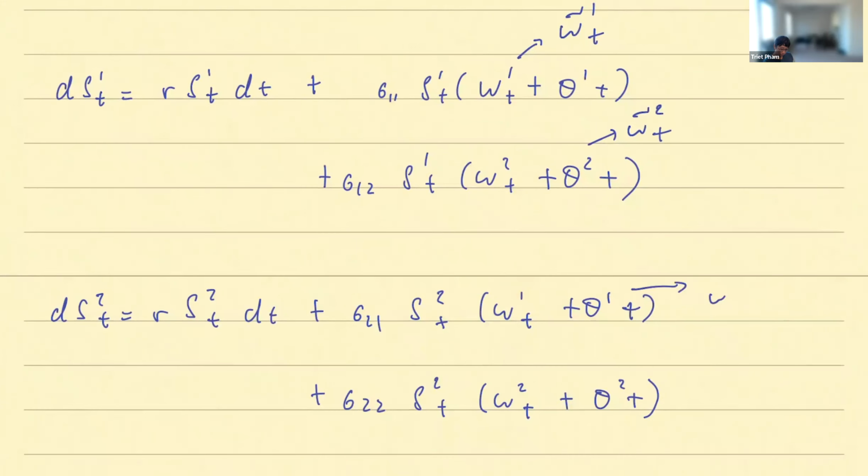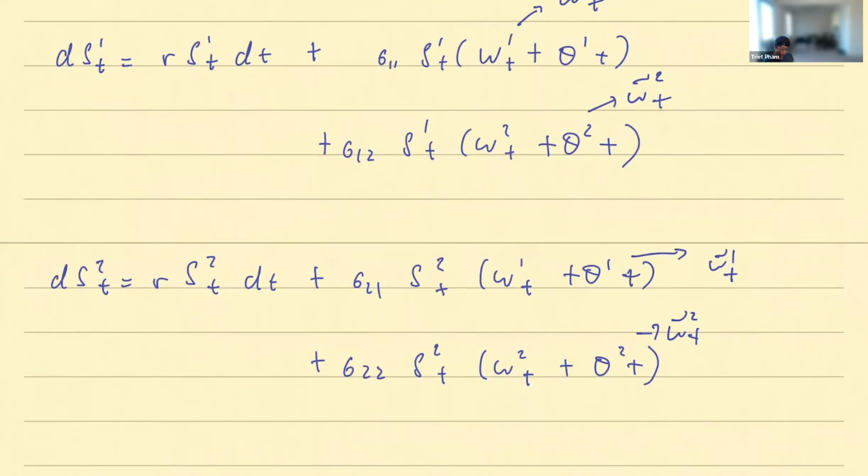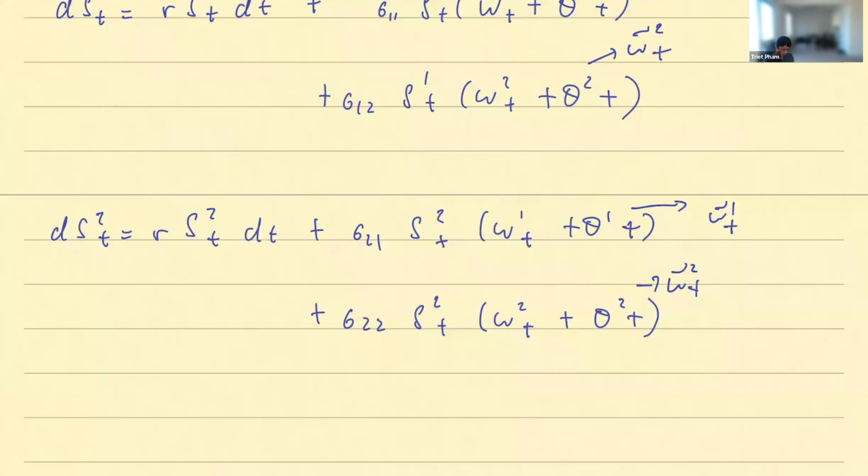So now, can we do this? Well, the answer is, we can, and exactly. So now you can ask about arbitrage free and completeness of the model, namely the two asset model here.